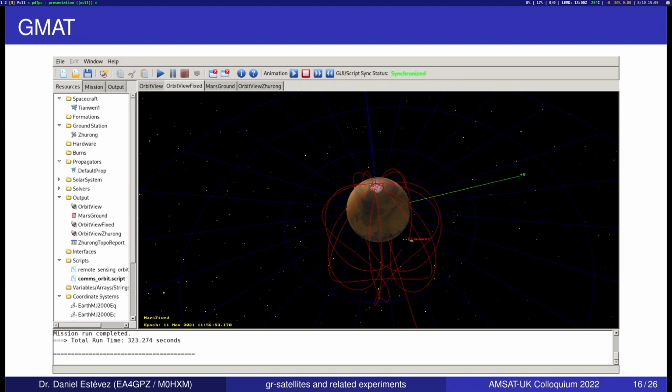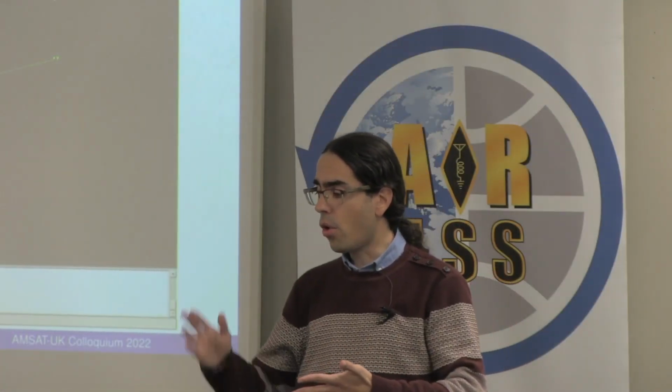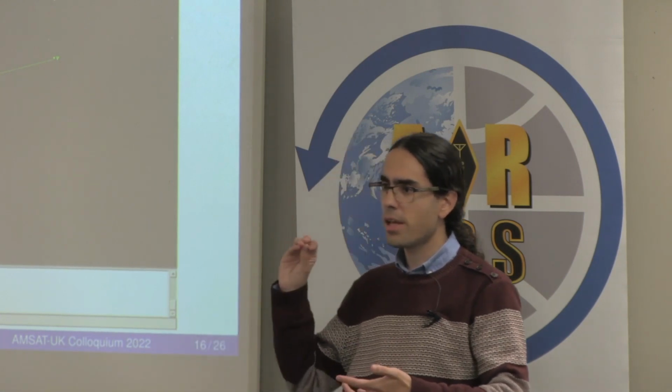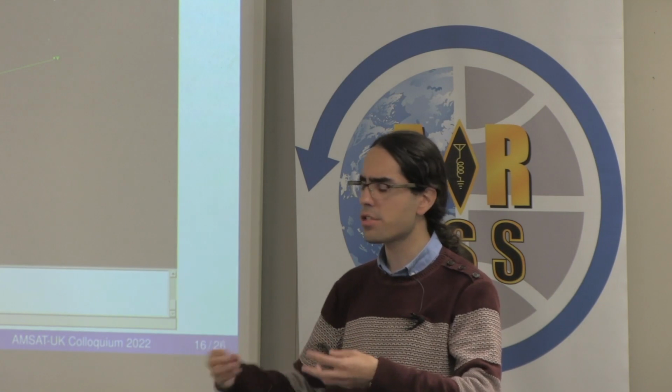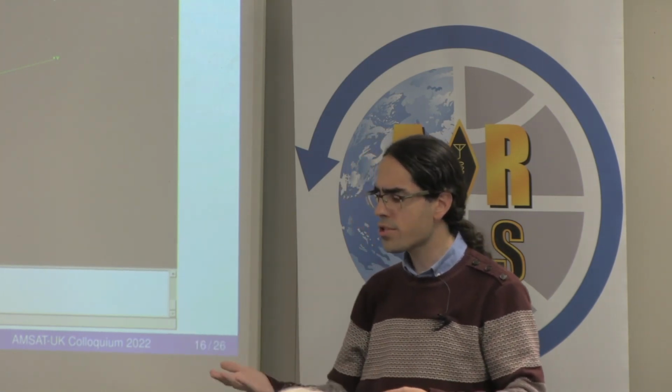So in that way, you can generate the same kind of data that NASA Horizons gives to us. And you can also do other advanced things. You can simulate burns. So this spacecraft is doing a maneuver, it's burning fuel, it's changing the trajectory. GMAT can do all those calculations for you.